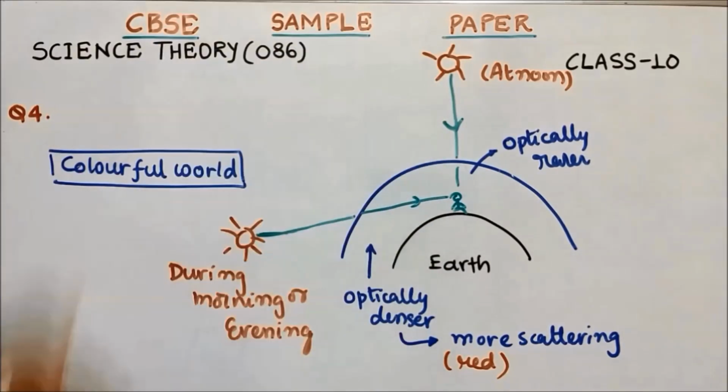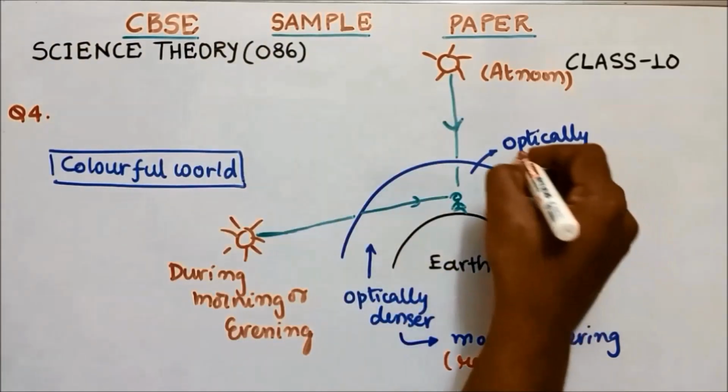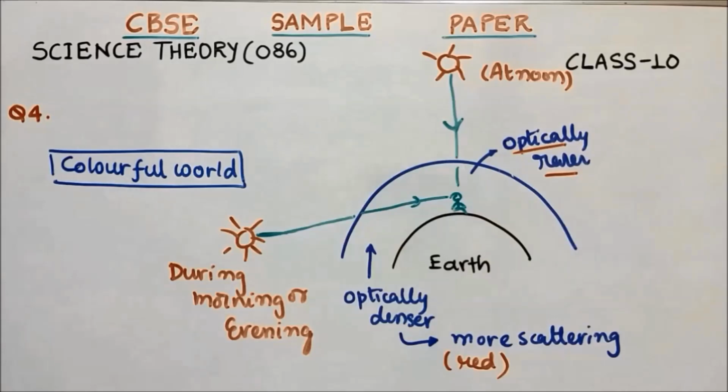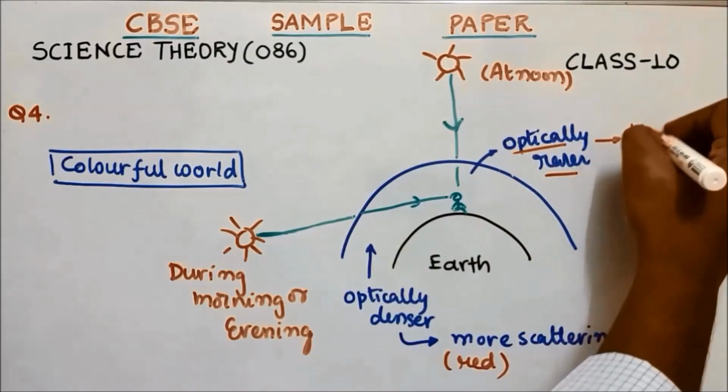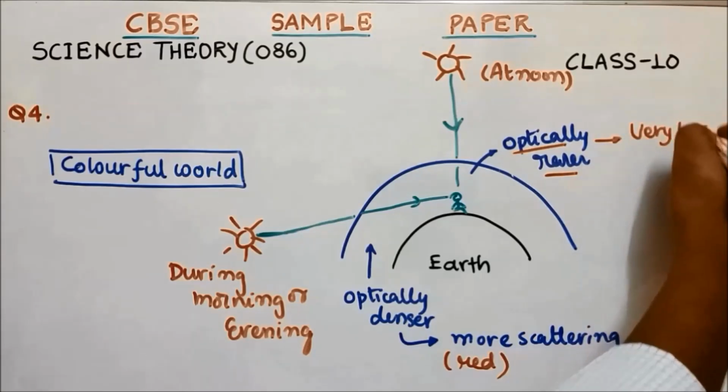When the sun is overhead, the light has to travel less distance and has to pass through an optically rarer medium. So the light undergoes very little scattering.